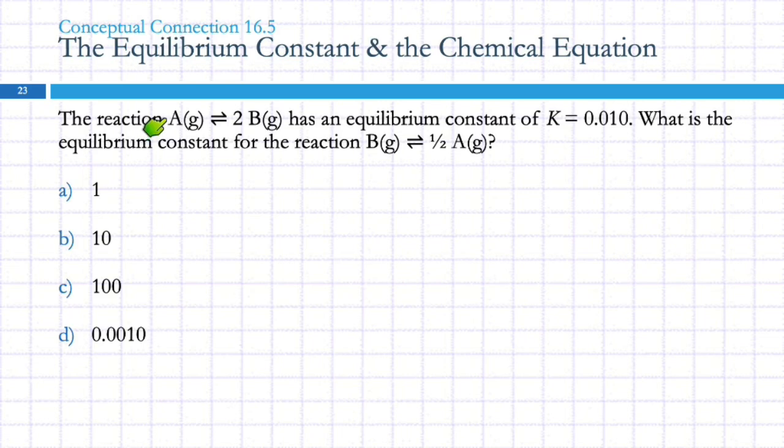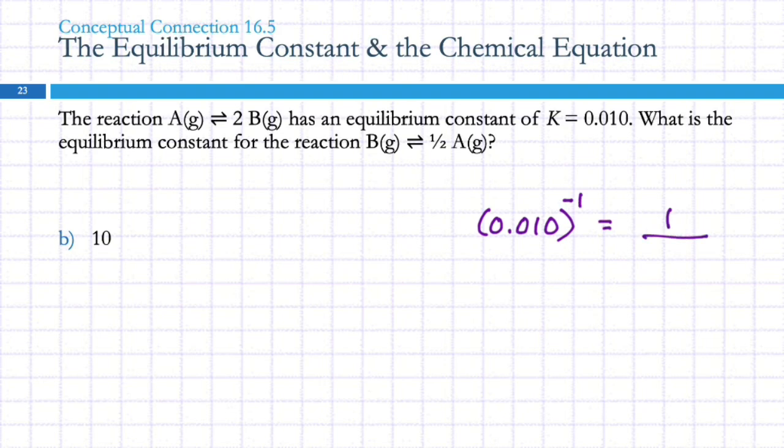Here A is a reactant, and here A is a product, right? So the reaction was reversed. So then what do we do to the equilibrium constant if we reverse the reaction? We don't multiply by -1, we raise to the -1 power, or do the inverse.